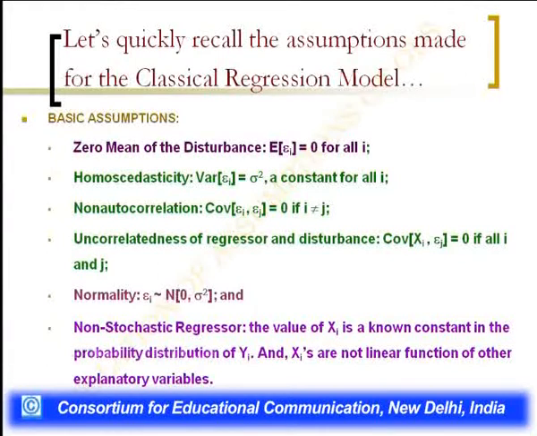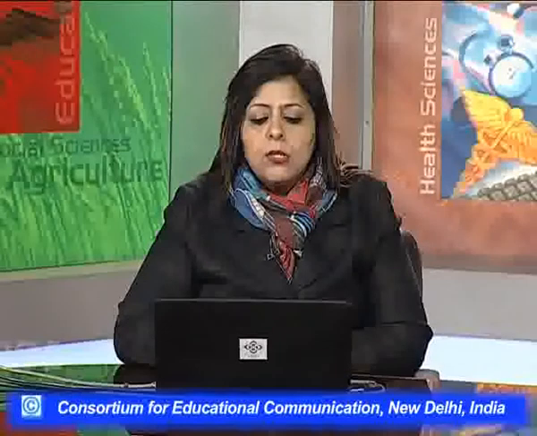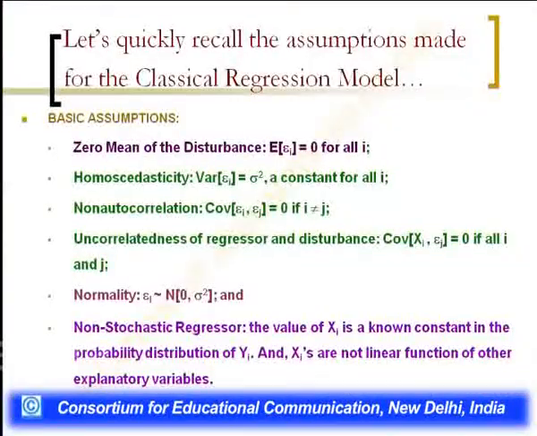Then we have the non-correlation of the regressor and disturbances, that is, the covariance of Xi and εi is equal to 0, and the error terms are normal, with zero mean and constant variance. Non-stochastic regressors: the value of Xi is known to be constant in the probability distribution of Yi, and the Xs are not linear functions of the other explanatory variables.